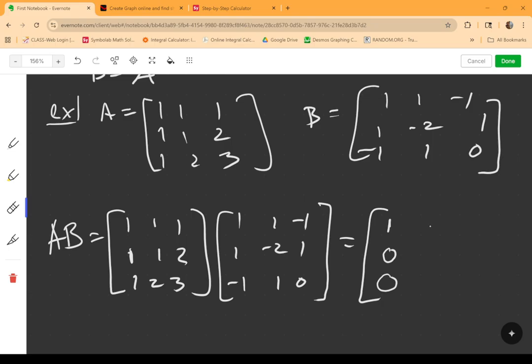All right, and now move on to the second column, back to the first row. And we get 1 times 1, minus 2, so negative 1, and then plus 1, 0. Okay, and now second row, second column, 1 here, plus 1, minus 2, excuse me.